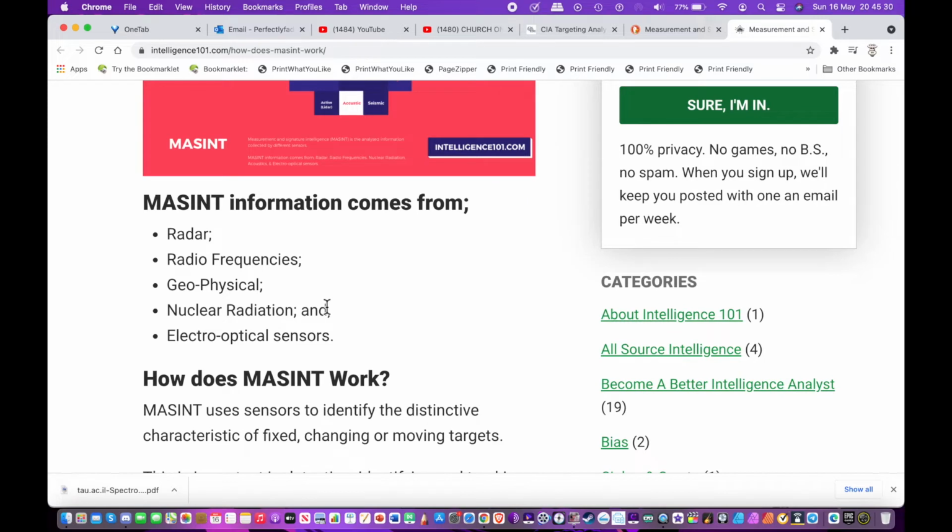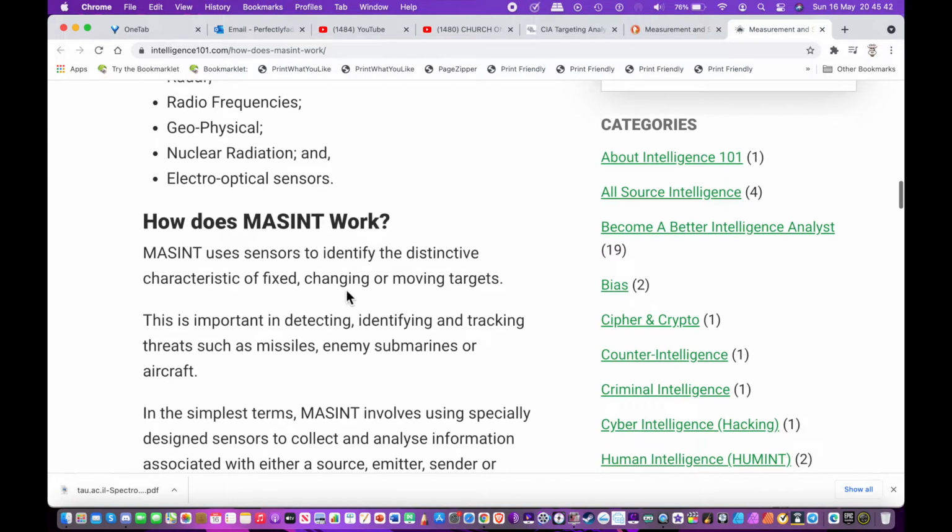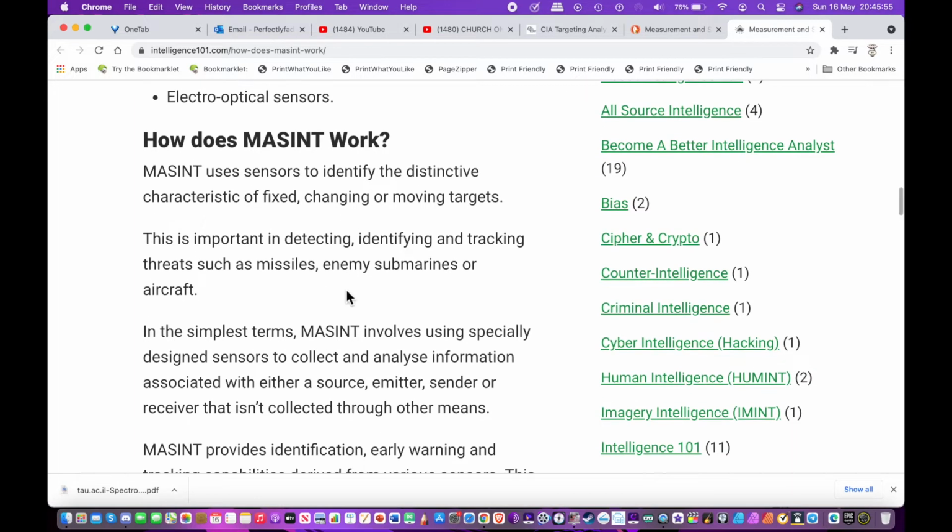So we've got radar, radio frequencies, geophysical, nuclear radiation, and electro-optic sensors, and we've gone through that. How does MASINT work? MASINT uses sensors to identify the distinctive characteristics of fixed, changing, or moving targets. This is important in detecting, identifying, and tracking threats such as missiles, enemy submarines, or aircraft.